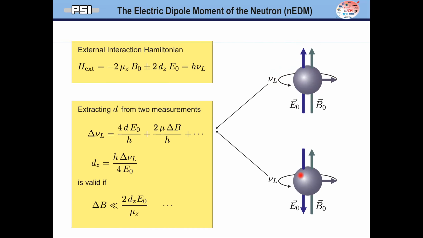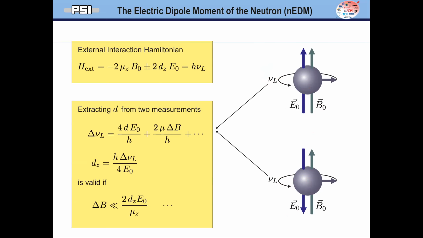Now, if you change the direction of the electric field, then the contribution from the electric dipole moment should be reversed. So we should see a different precession frequency between this situation and this situation where we have reversed the electric field. Now, the only problem in doing such an experiment is that the magnetic field between these two has to be exactly the same.